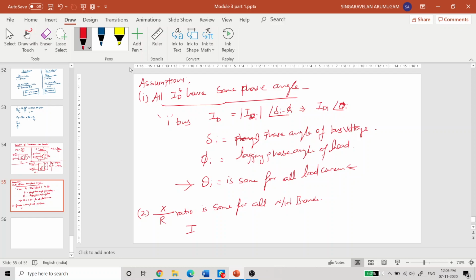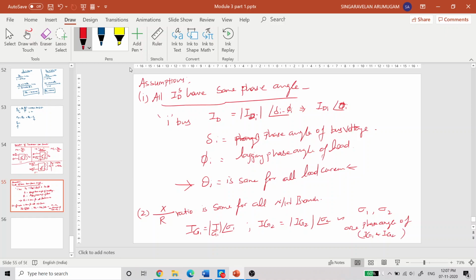The current generated at generator 1 is IG1 with the angle delta 1, and IG2 is IG2 with the angle delta 2, where delta 1 and delta 2 are the phase angles of IG1 and IG2 respectively.